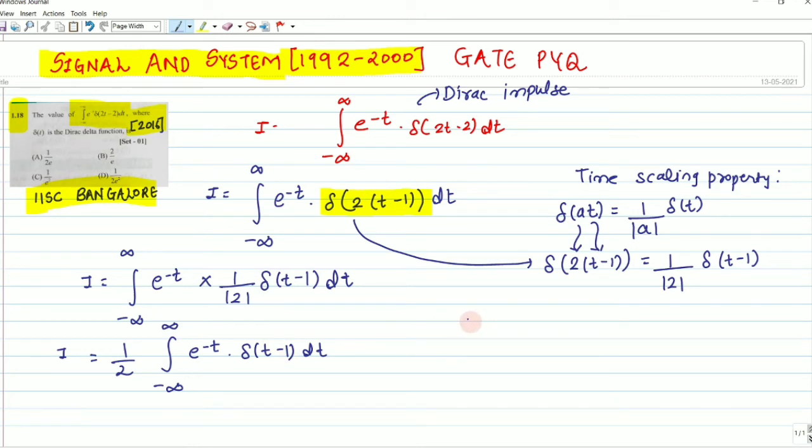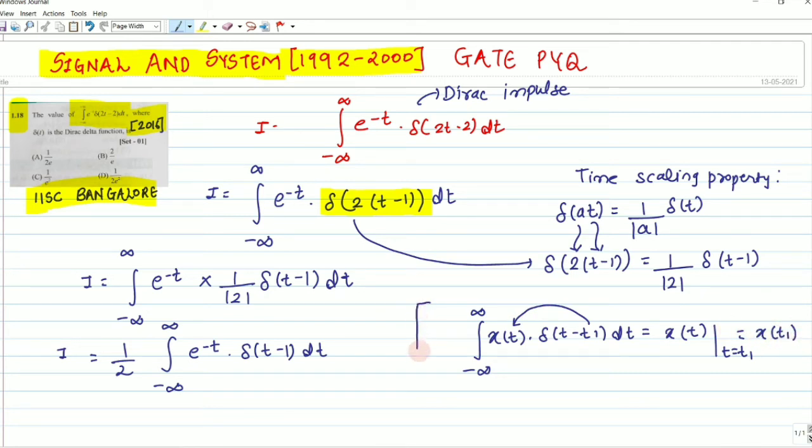Now we are going to use one most important property: the integral from minus infinity to infinity of x of t times delta of t minus t1 dt equals x of t with t substituted by t1. Our final answer will become x of t1. This is a very important property related to the Dirac impulse function. These are the two properties which we have used in this question.